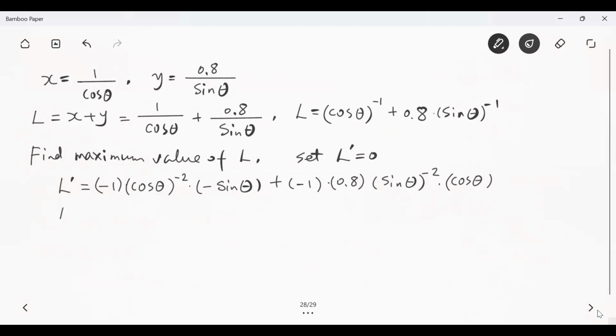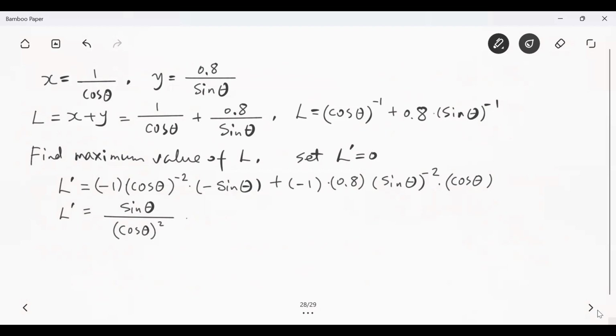And then simplify the derivative. Also, we can use the positive exponent. The first term is negative times negative, which becomes positive, right? So it's sine theta over cosine squared theta, the denominator is cosine squared, right?